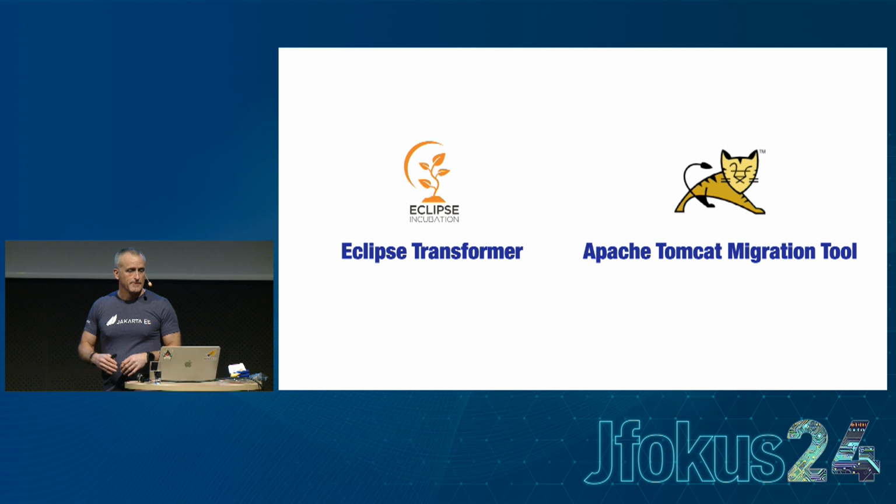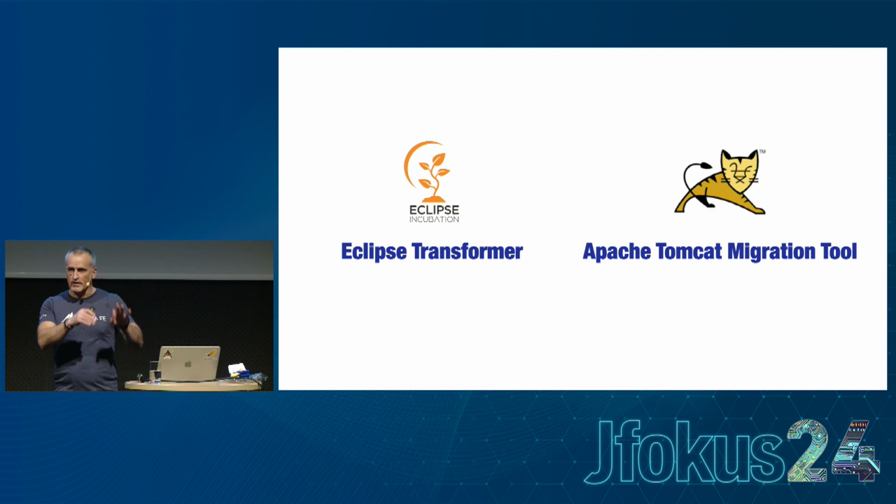So you don't have to unpack your libraries, change the namespaces, put them back in and release them. You can just run the transformer on all your dependencies, and it will create a new jar for each of those dependencies with the namespace changed. So it's a very cool tool. OpenRewrite is another tool that would help you with your code base. You can just add it as a Maven plugin and migrate your entire thing.